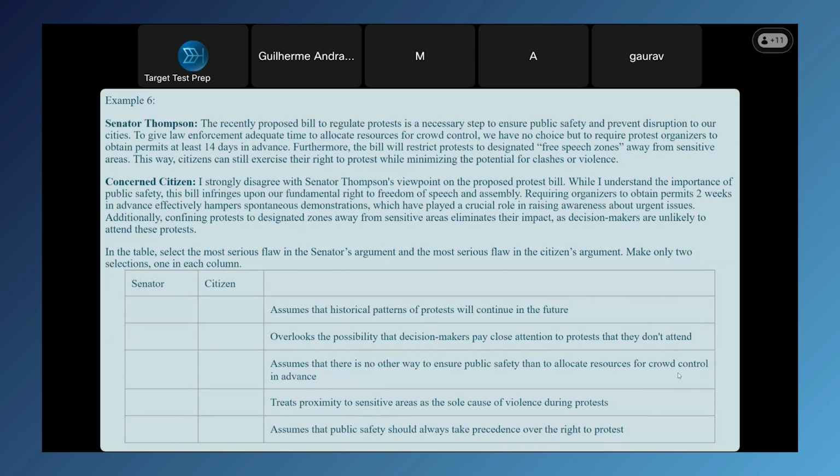So, because the senator is assuming that there is no other way to ensure public safety, but there could be. It's kind of similar to the Jamal thing from earlier, where Jamal was like, there's no other way to do this. The only solution is that we take kids off of social media or whatever it was.